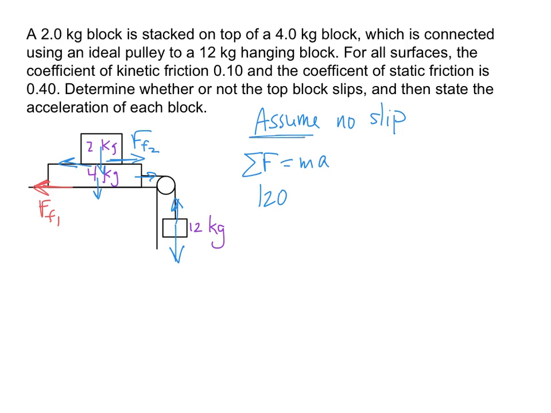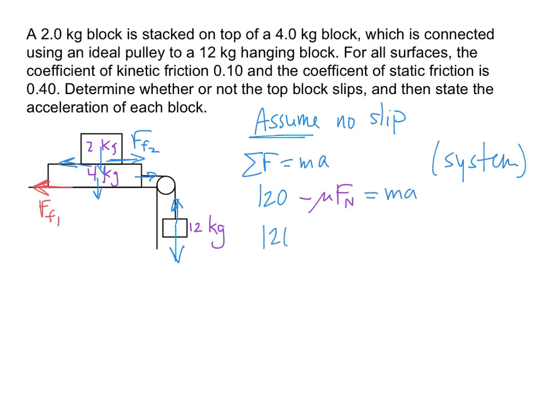So really all I have to deal with is the weight pulling down 120, and some friction, mu times the normal force, that is working against the motion. Again, I'm looking at the system here. I've taken into account everything as I wrote this equation.